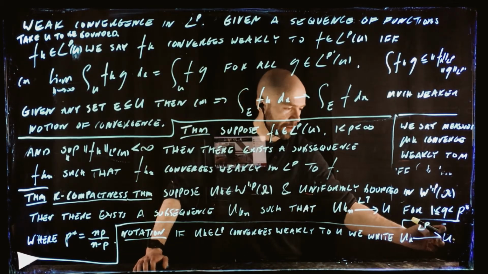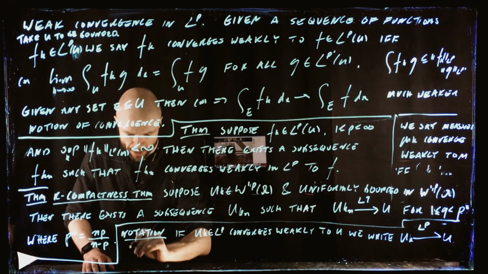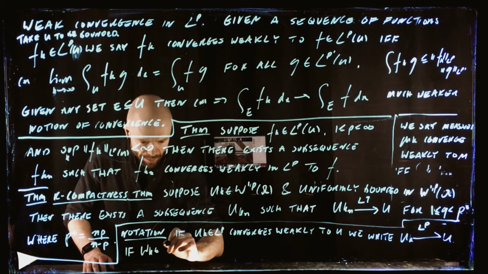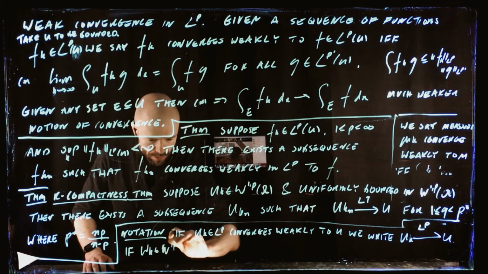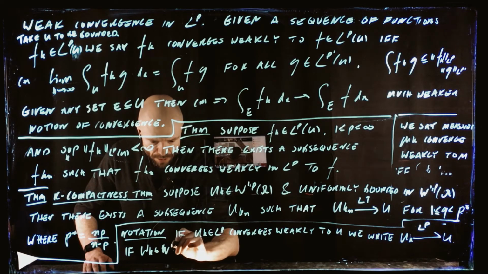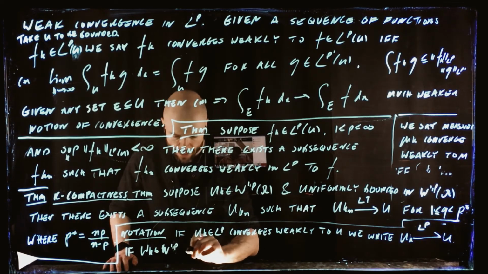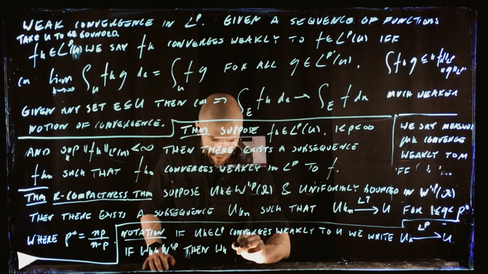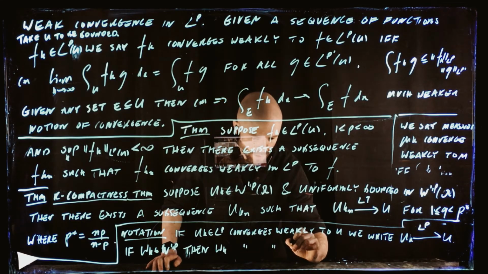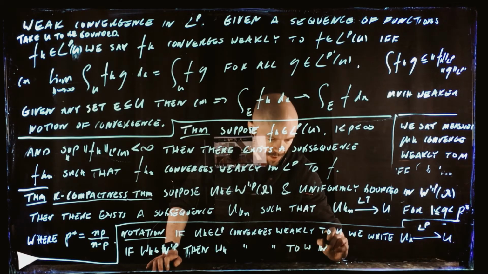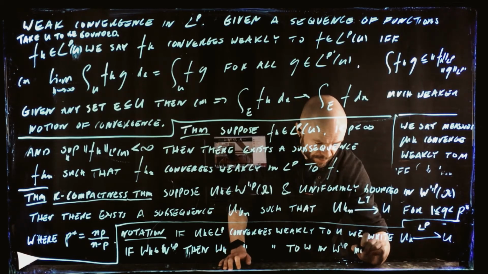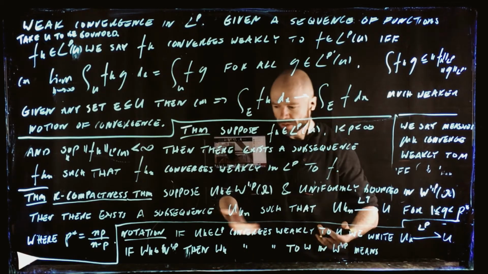And if there's a full arrow, then that's strong convergence. If, let's say, w_k belongs to W^{1,p}, and then w_k converges weakly to w in this space, it means that the gradients converge weakly.